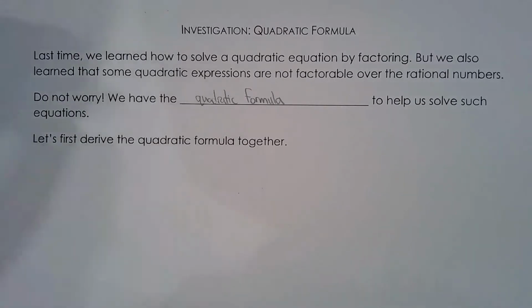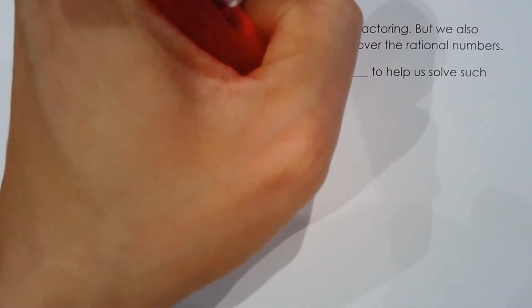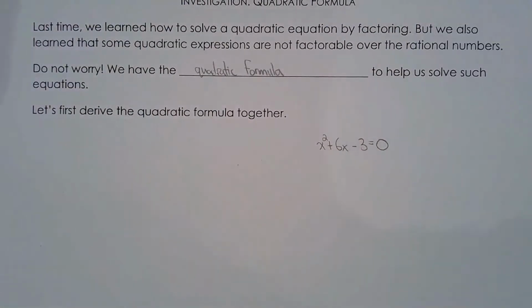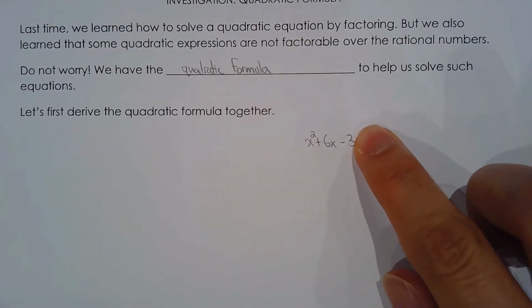So let's make up an example here. Let's say it's x squared plus 6x minus 3 equals 0. So I'm going to solve this quadratic equation by completing the square because if you look at the simple trinomial on the left hand side, I can't factor that.